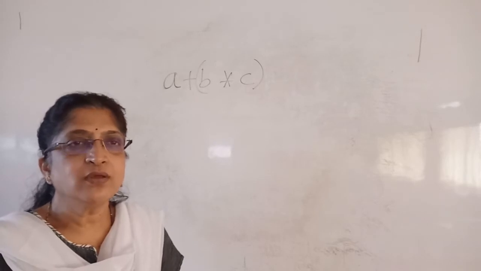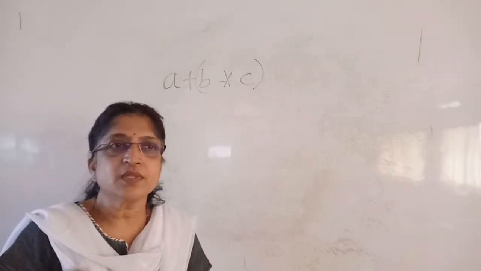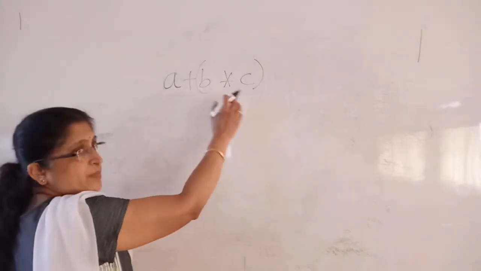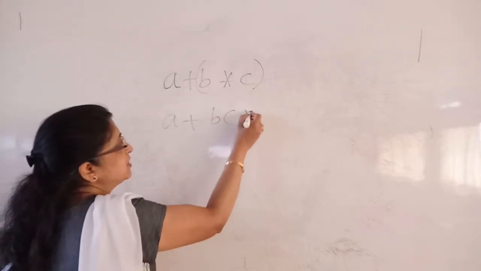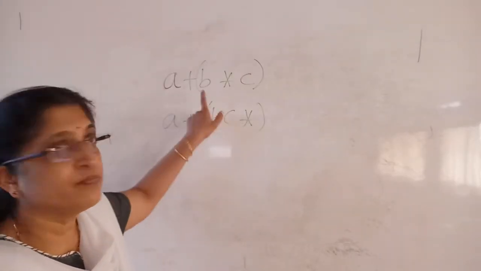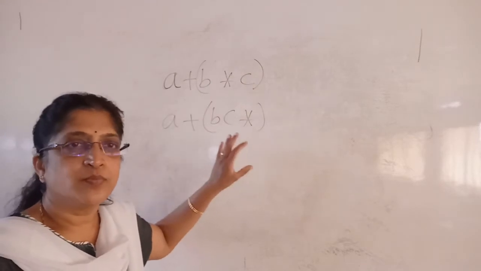So how do we convert? We start converting it from the innermost parenthesis. So here we have only one parenthesis. So first convert this: a plus bc star. So now we have converted b star c to bc star. So this is converted from infix to the postfix form.